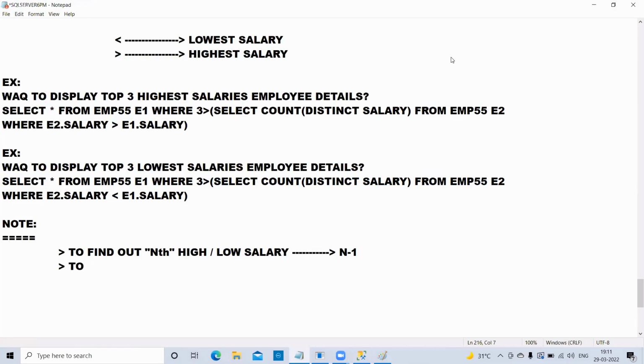And to display the top n highest or lowest salaries, you have to use my formula n greater than. Are you clear on these 2 statements?